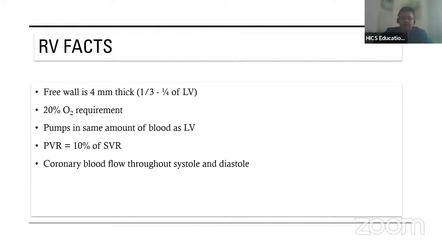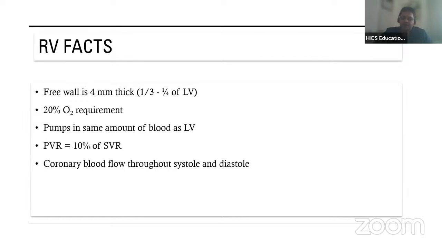However, the work the right ventricle does in pumping blood is exactly the same as the left ventricle, because the entire circulating blood volume returns to the right heart and has to be pumped forward. So the amount of blood pumped out of the RV is the same as the amount pumped out of the LV.